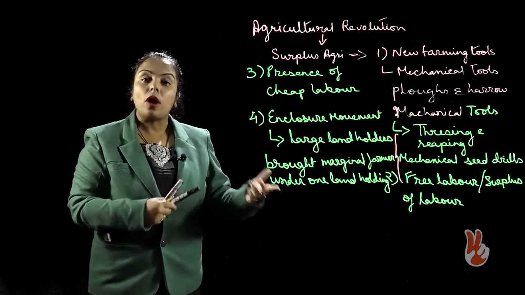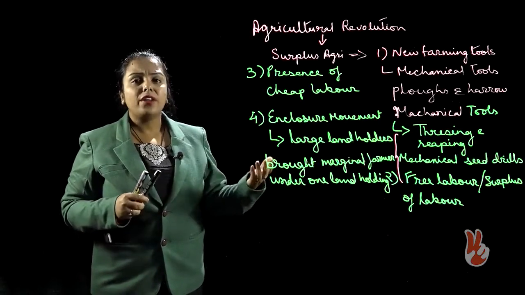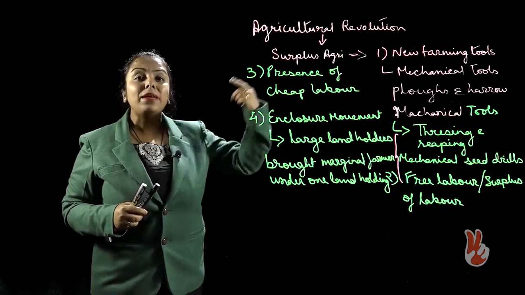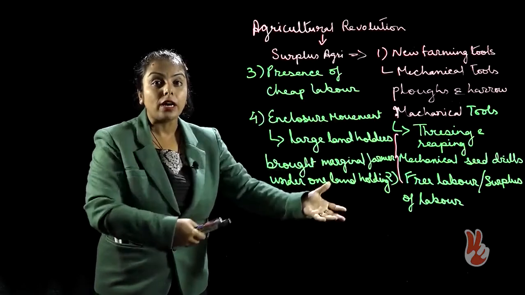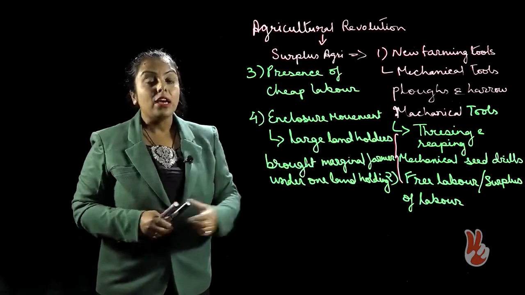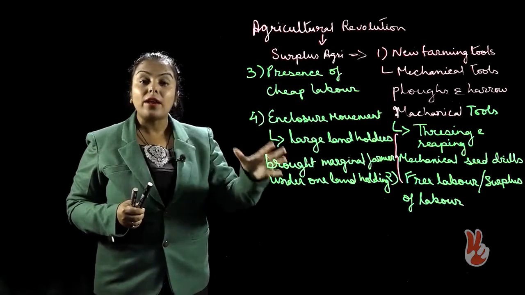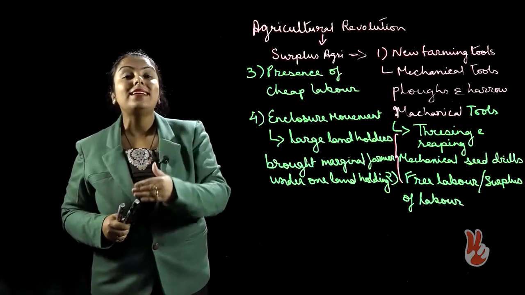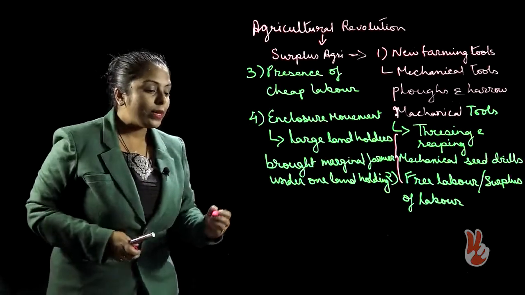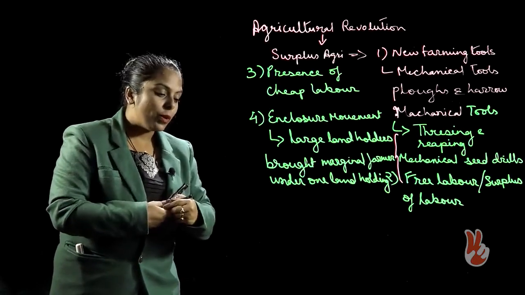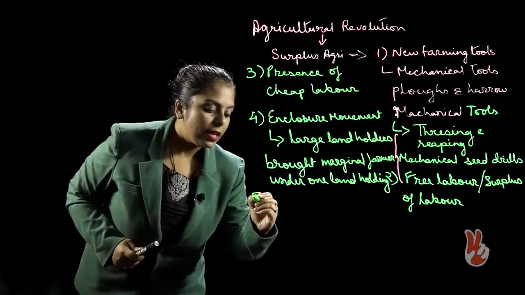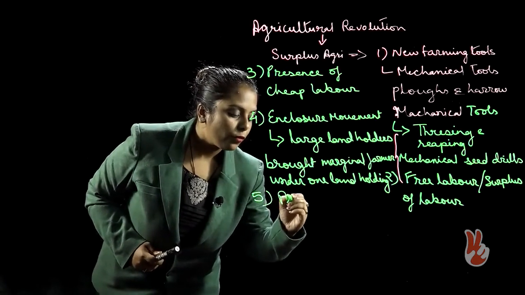A cash crop is a crop which is not used for dietary purposes, but can be used for creating products which can be sold in the market. So now these lands were growing cash crops which were needed in industries. So what do we see? The enclosure movement finally resulted in the production of cash crops.